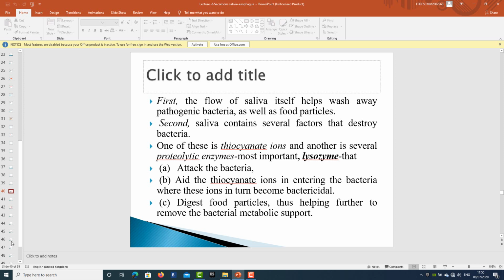Second, the saliva contains several factors to destroy the bacteria. One of them is the thiocyanate ions, and another important proteolytic enzyme is the lysozyme, which attacks the bacteria and aids the thiocyanate ions in entering the bacteria, where these ions in turn become bactericidal.